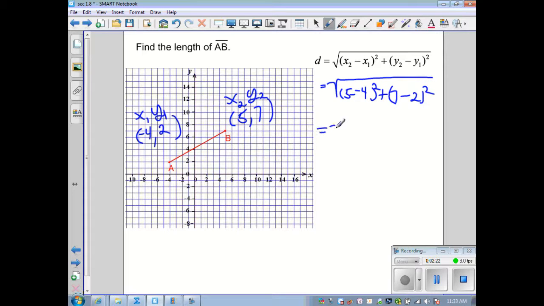Then we simplify. 5 minus negative 4 is 9, squared is 81, plus 7 minus 2 is 5, squared is 25. Therefore, the length of segment AB is the square root of 106 units.